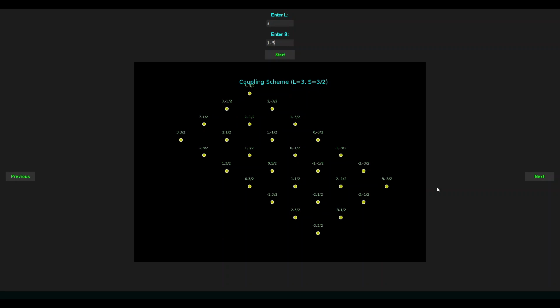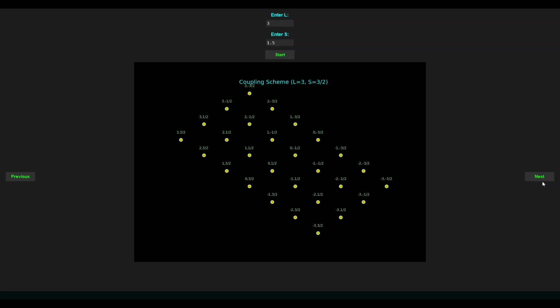While in this row the value of mS is 3 by 2, and then in this row it is minus 1 by 2, and then 1 by 2, and then 3 by 2. So in this way you need to make a rectangular grid. Here you can see that there are a total of 28 states corresponding to 2S plus 1 spin states and 2L plus 1 orbital states.